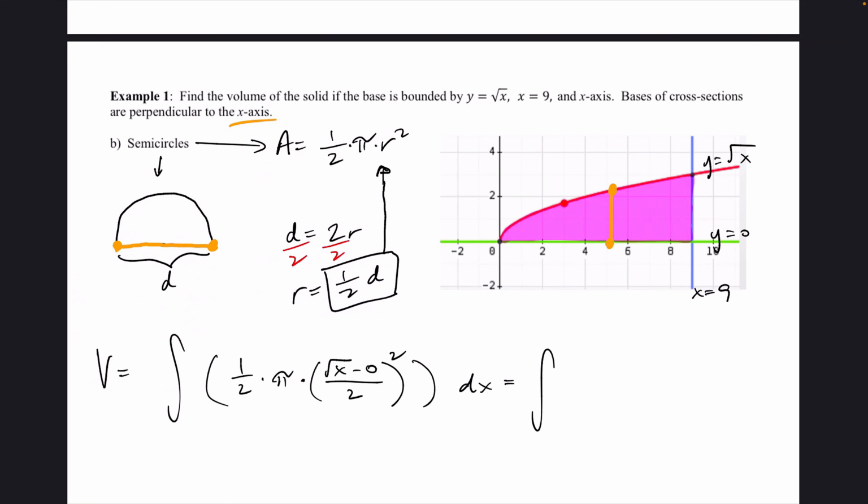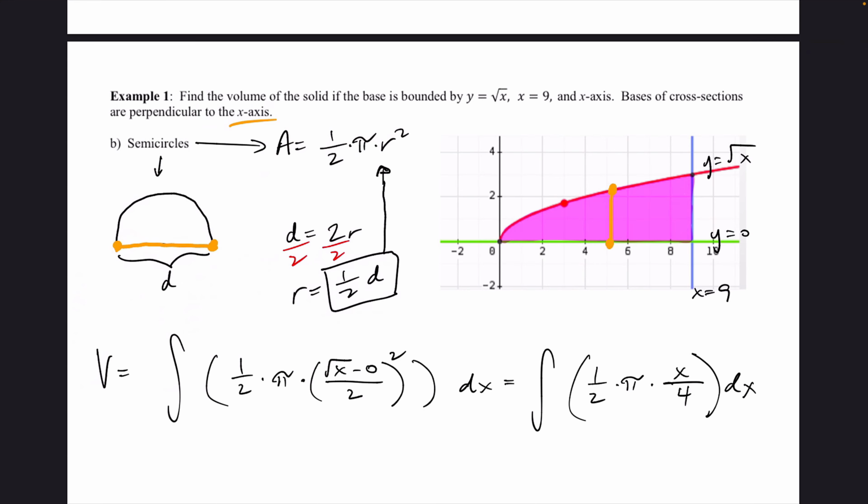So you can say 1/2 times pi times x, not x squared, x over 4. Because root x minus 0 is root x. Root x over 2 squared, you square the top, you get x. You square the bottom, you get 4.